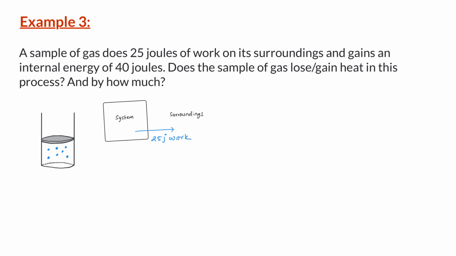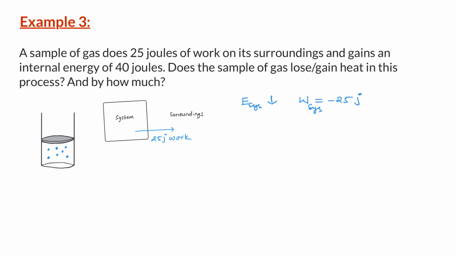Whenever the system does work on the surroundings, it does so at the expense of its internal energy. That is, the system loses its internal energy when doing work. Therefore, using the sign convention, we can say that W of the system is minus 25 joules.